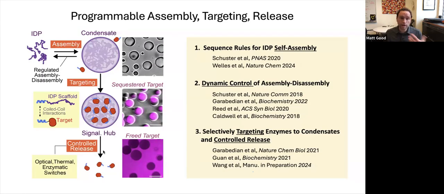And then because we want to use these as protein switches, we'd like to have dynamical control both of assembly as well as release. And so we've developed a number of strategies to liberate these components or release them from the compartments through optical, thermal, and enzymatic means.